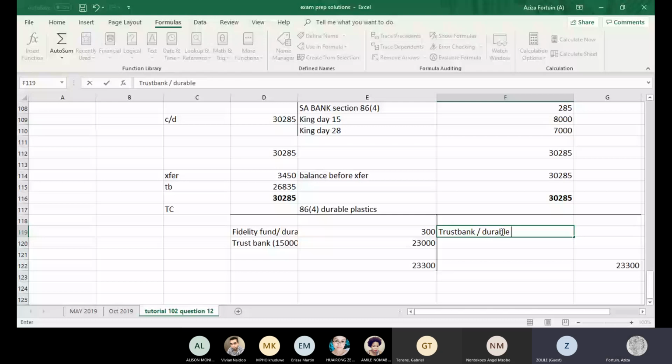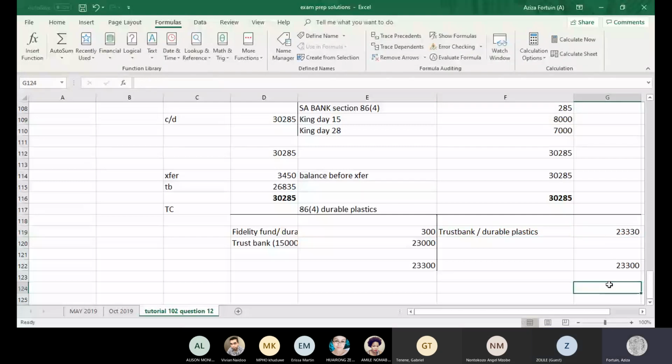So you can see there we debited that trust bank account, 23,300. Okay. This is a very difficult example, but you must work with your T accounts first.